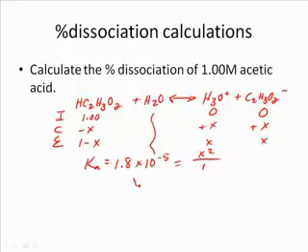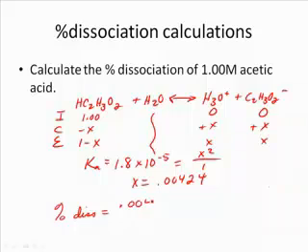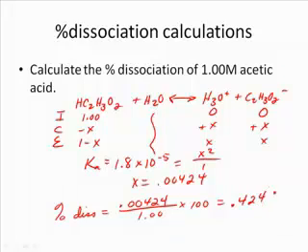So my x is going to be 0.00424, and so my percent dissociation is just going to be my change, my x, divided by the initial, which is 1, times 100, and so I get 0.424%.